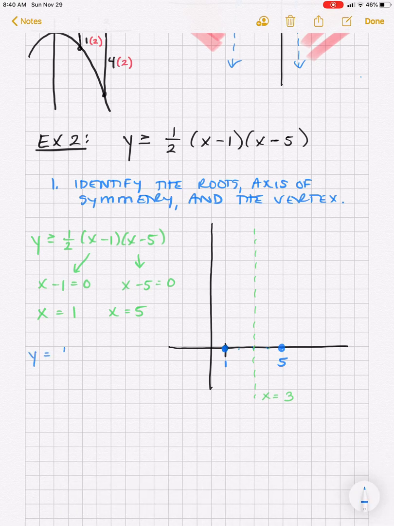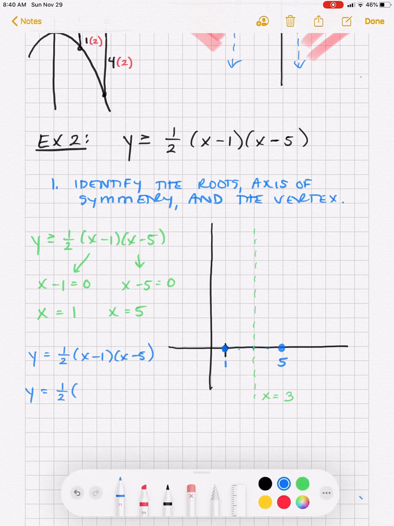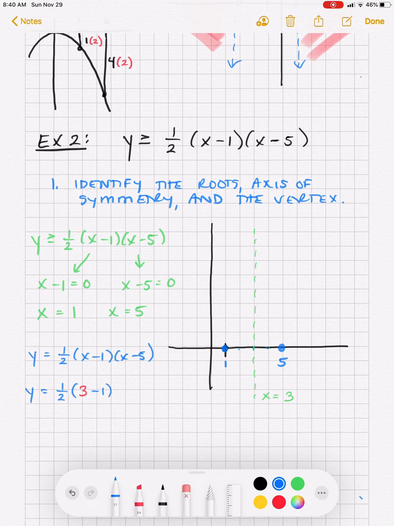So here's our equation. Let's plug in x equals 3 to figure out what the vertex is. We'll plug 3 in here and work through this arithmetic without a calculator. 1/2, 3 minus 1 is 2, 3 minus 5 is negative 2.